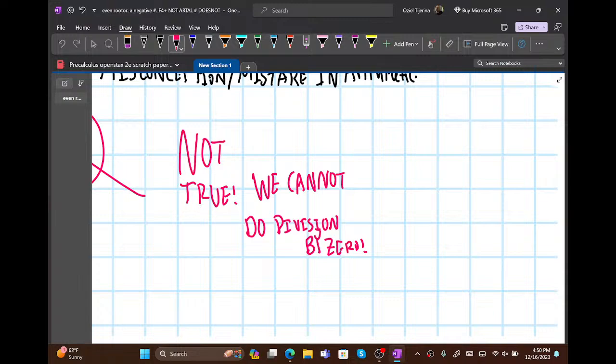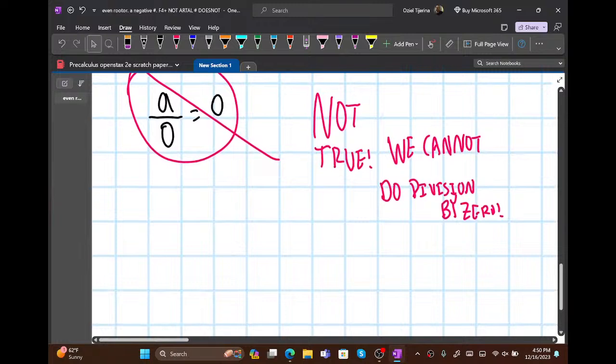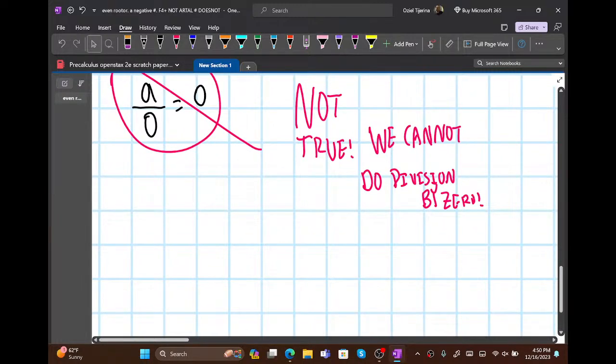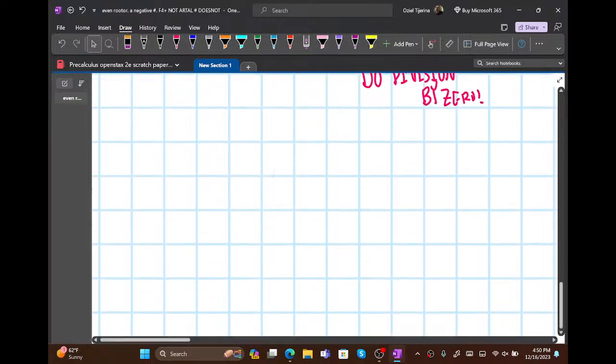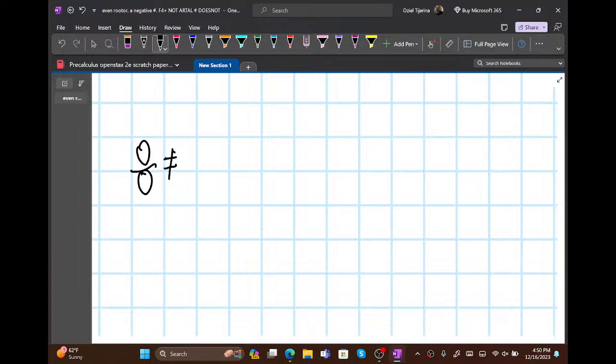If you keep thinking that it equals 0, it's wrong. We can say 0 over some value a is equal to 0, but even 0 over 0 does not equal 0.